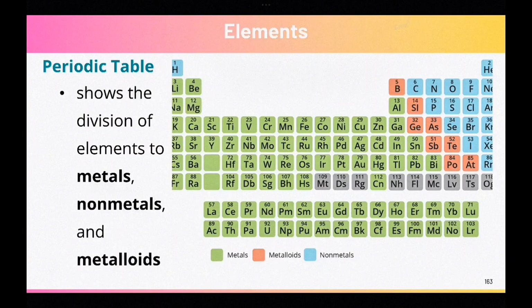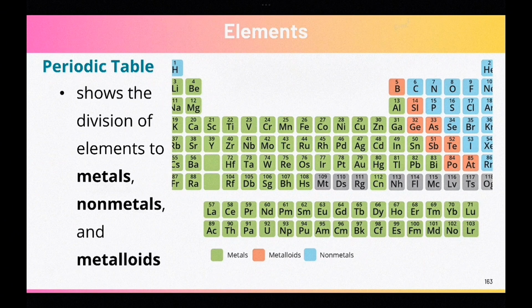So as I said, the periodic table shows the division of elements into metals, non-metals, and metalloids. The good thing about the periodic table, whether in a physical copy or a digital copy, is that the categories are identified by color.